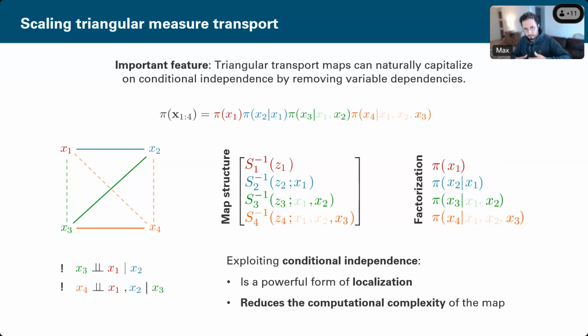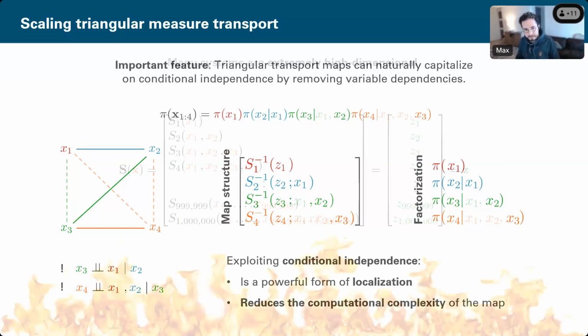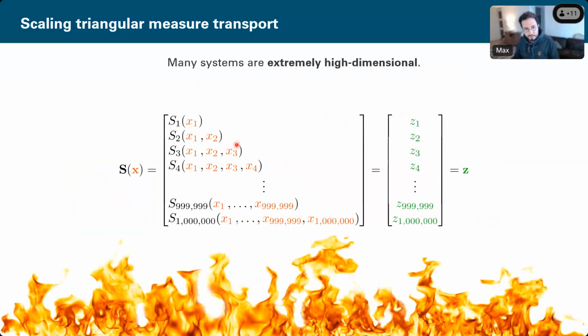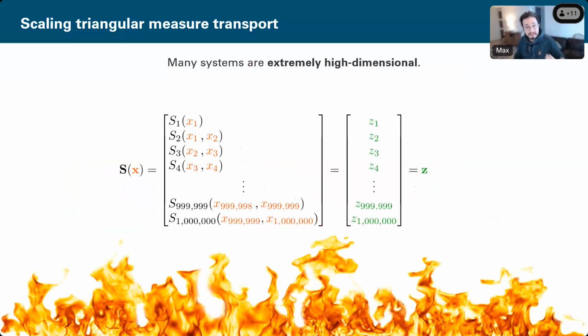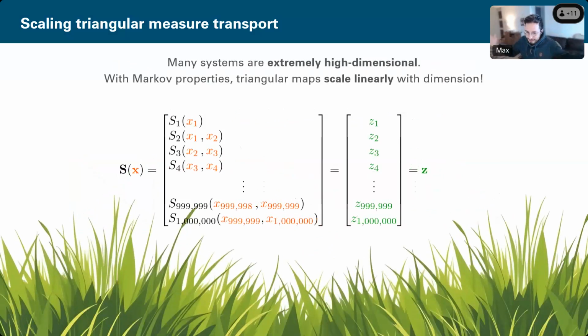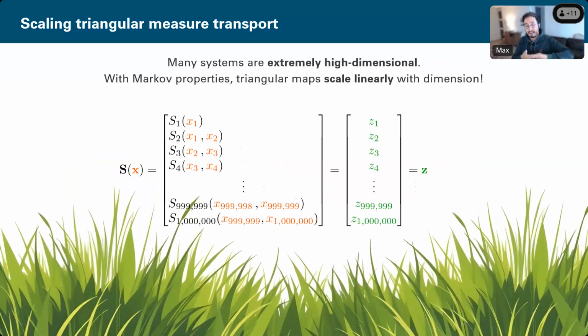And if we have enough conditional independence properties, which in gridded systems we often have, then this horrible map might actually suddenly become something that only scales linearly in computational complexity with the dimensions of a system. So if we have enough conditional independence properties and we know how to exploit them, then these methods can theoretically scale to almost any dimension we want.